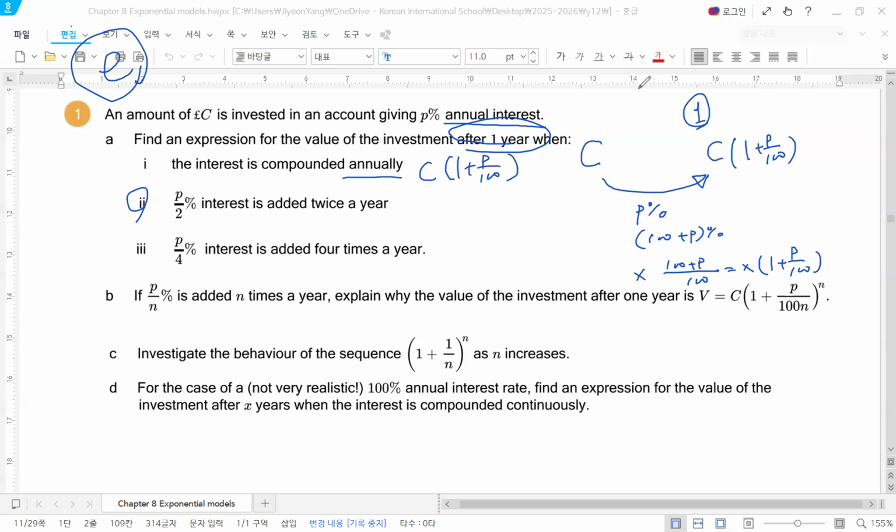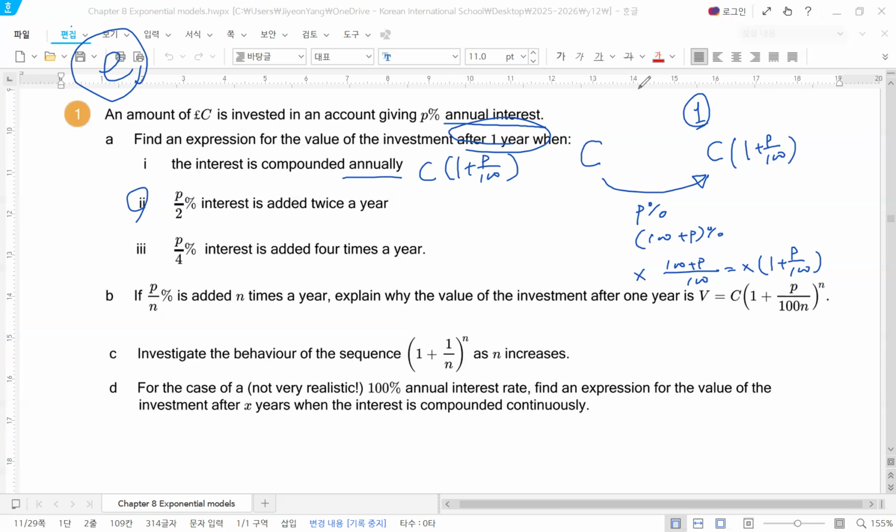P over 2% increase, so that in total 100 plus P over 2%. Understand? Then to find the multiplier, divide by 100. Therefore, 100 plus P over 2 over 100 means 1 plus P over 200. Okay, this is the multiplier.